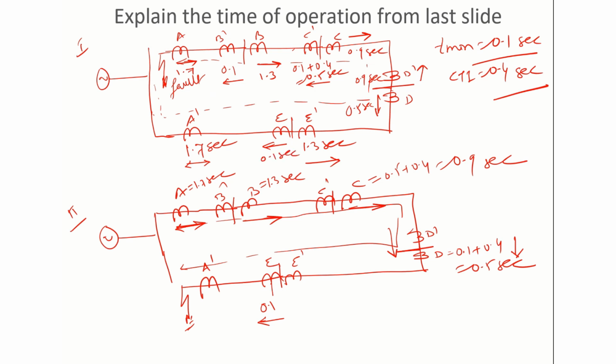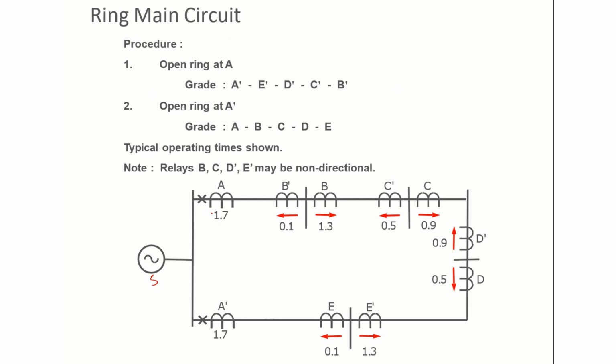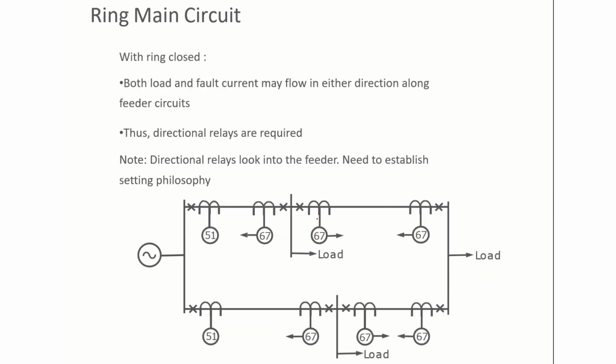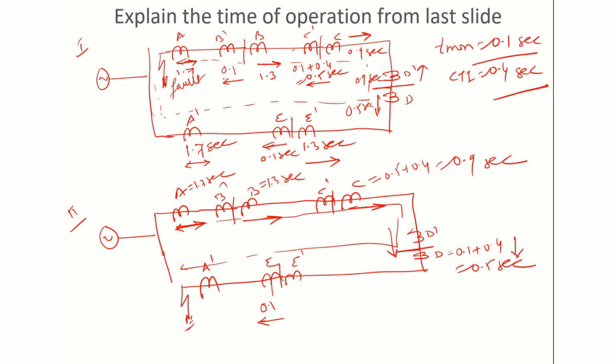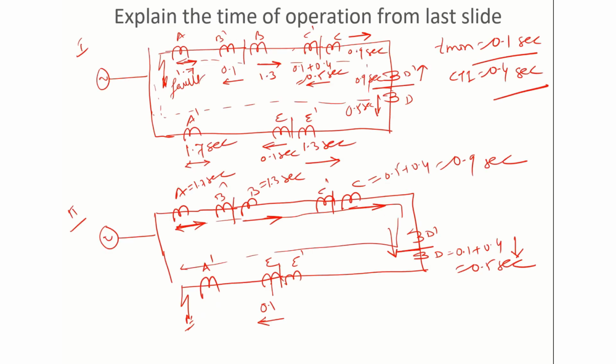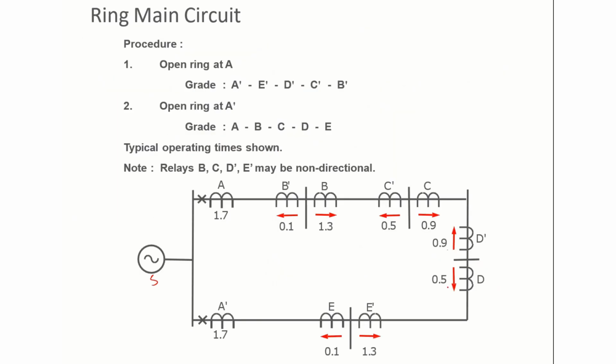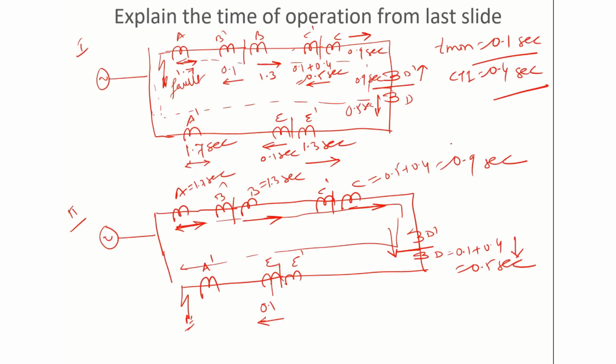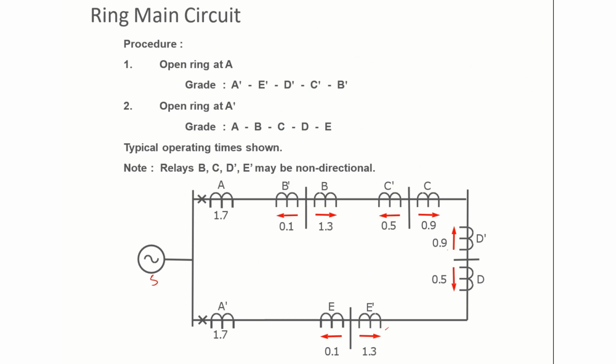So this is what is mentioned here. This non-directional 1.7. Then here 0.1, 1.3, I have also 0.1, 1.3, the current direction here. C dash, C 0.5, 0.9. D dash, D 0.9, 0.5. This is 1.3, 0.1. So now consider any particular fault.